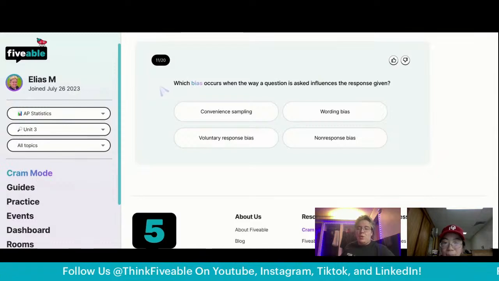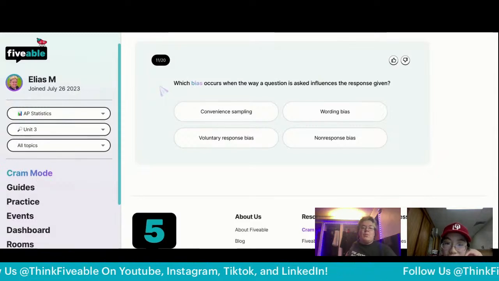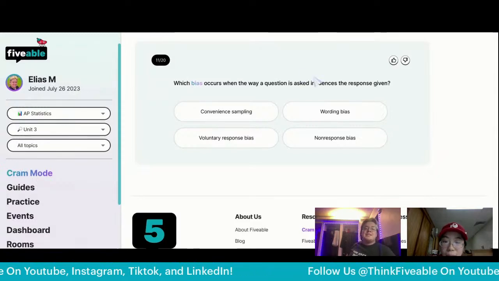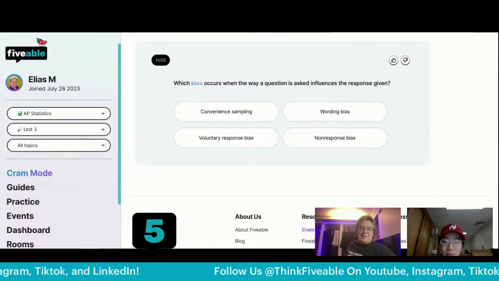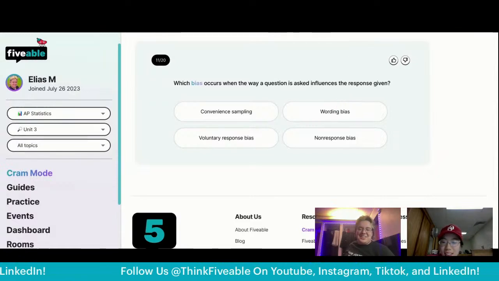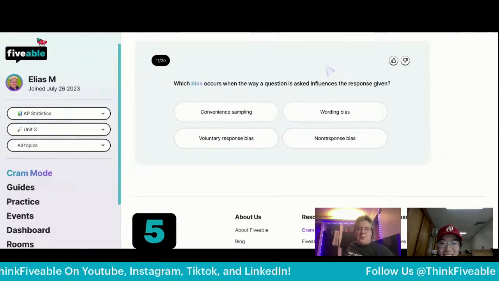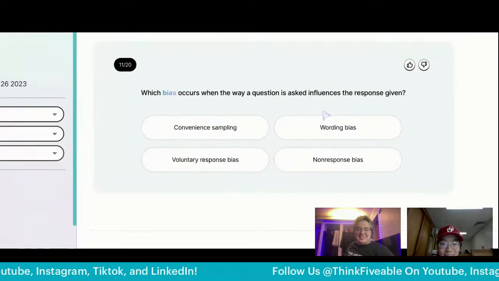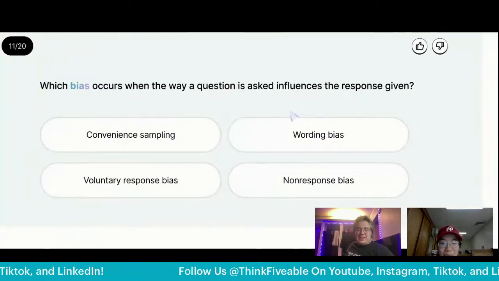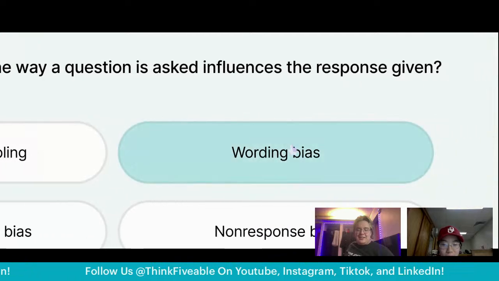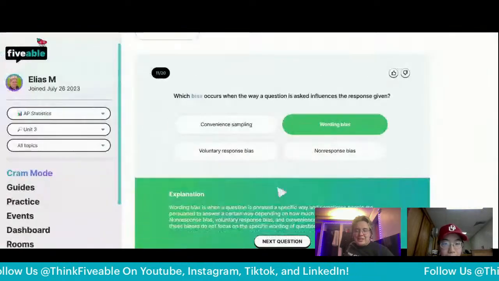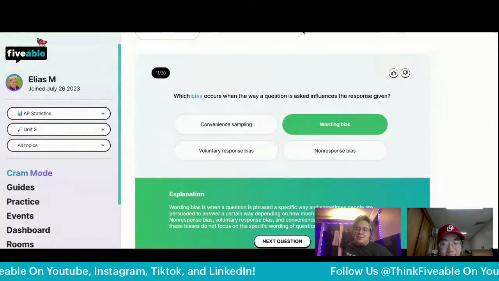Which bias occurs when the way a question is asked influences the response given? Wow, it definitely cannot be the answer that says wording. That's not likely at all. Oh, whoa, would you look at that? I do not feel the need to explain that one.